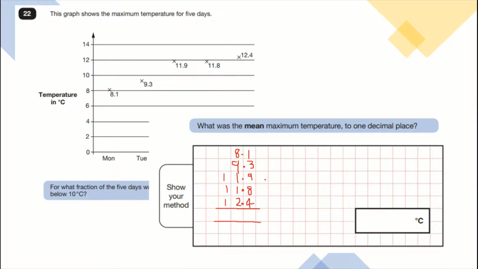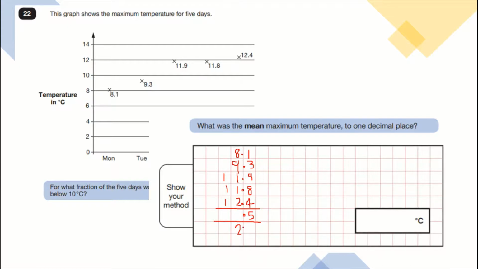Right. 3 plus 1 is 4, plus 9 is 13, plus 8 is 21, and plus 4 is 25. So put our 2 down here and our 5 here. Remember in our decimal place, 8 plus 9 is 17, plus 1 is 18, plus another 1 is 19, plus 2 is 21.